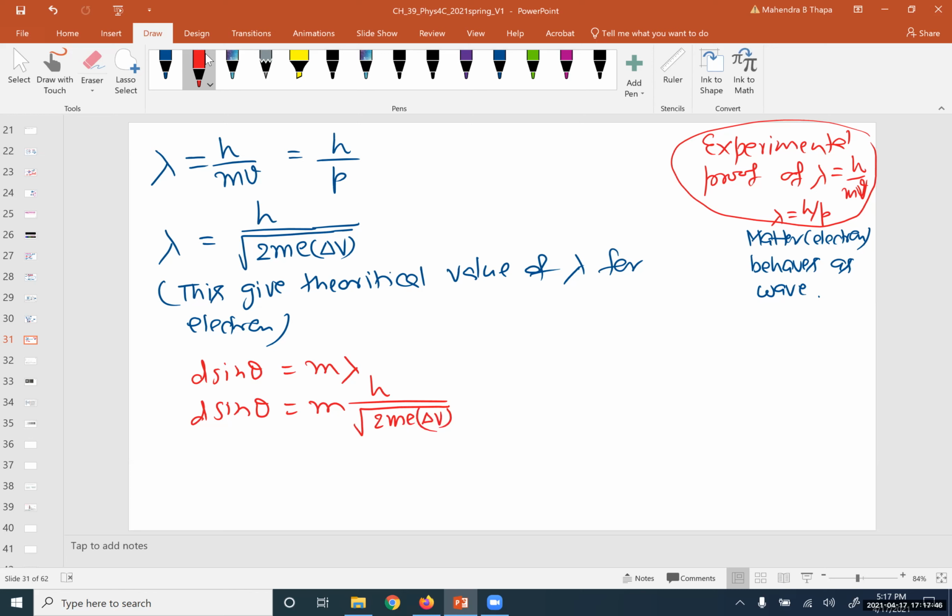This gives the condition for maximum intensity.